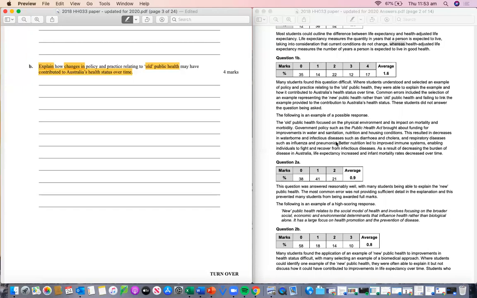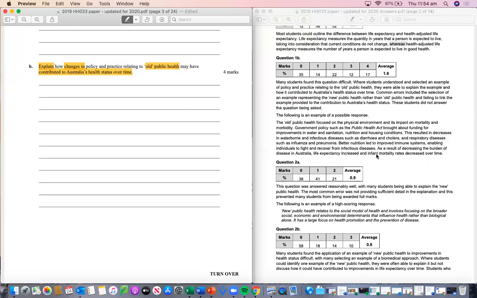So that's your first 2 marks here. Better nutrition led to improved immune systems, enabling individuals to fight and recover from infectious diseases. As a result of decreasing the burden of disease in Australia, life expectancy increased and infant mortality rates decreased over time. So again, that's where you get the full marks.